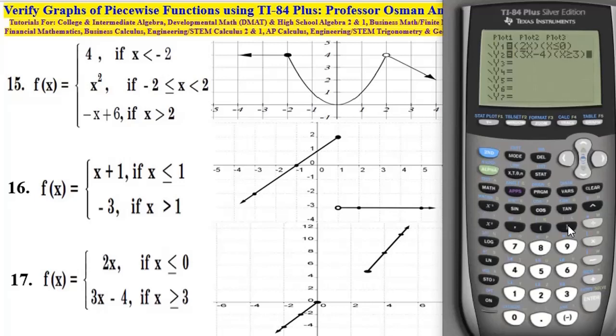Okay, so it is 2x when x is less than or equal to 0, and it is 3x minus 4 when x is greater than or equal to 3.